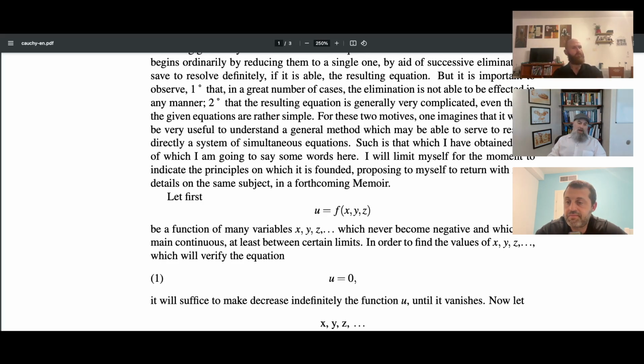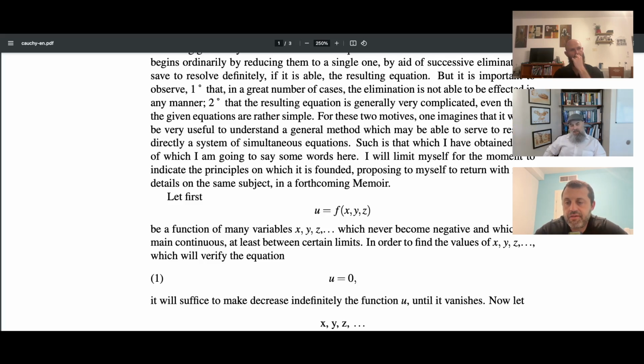I think what he's trying to do is formulate this optimization problem kind of like Newton. The problem is to take a cost function to zero. That's the problem. So u is f of x, y, z, and it can be more variables, as we can see.